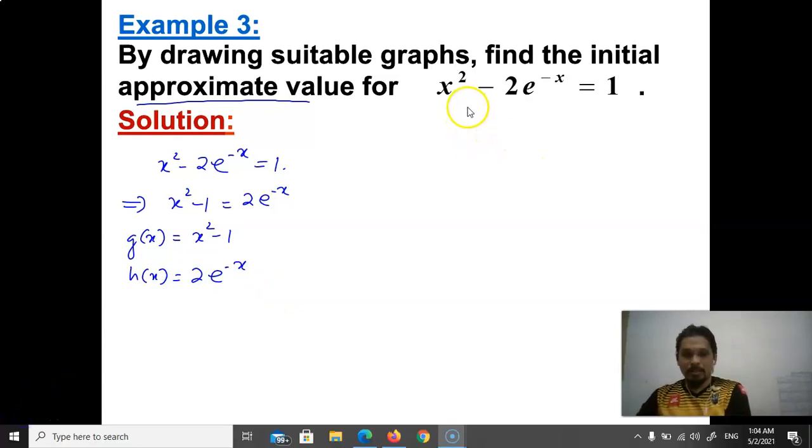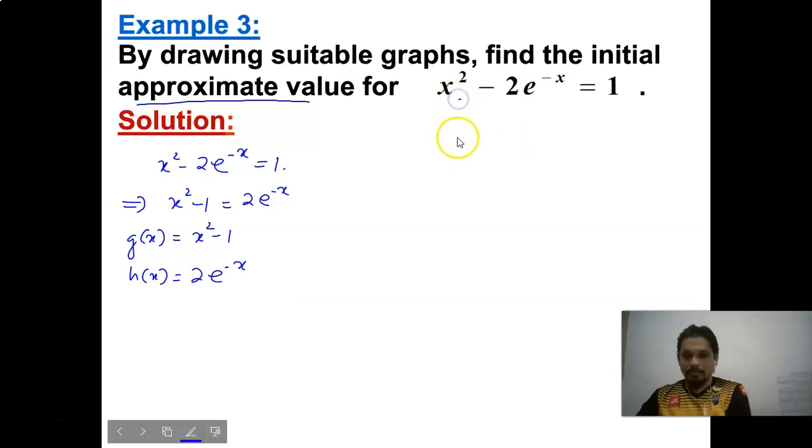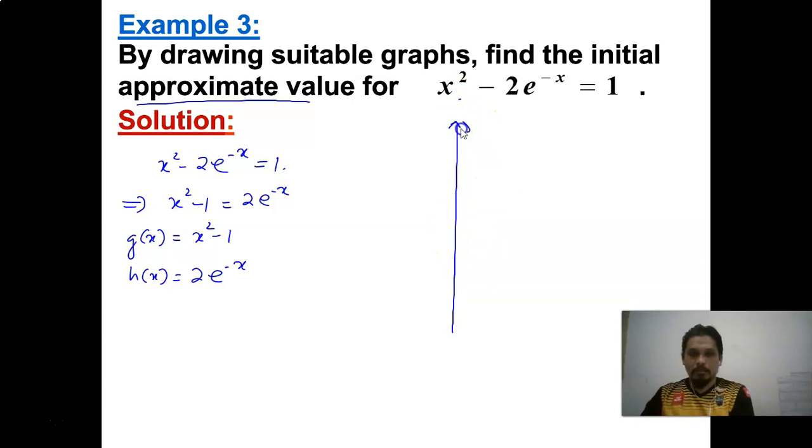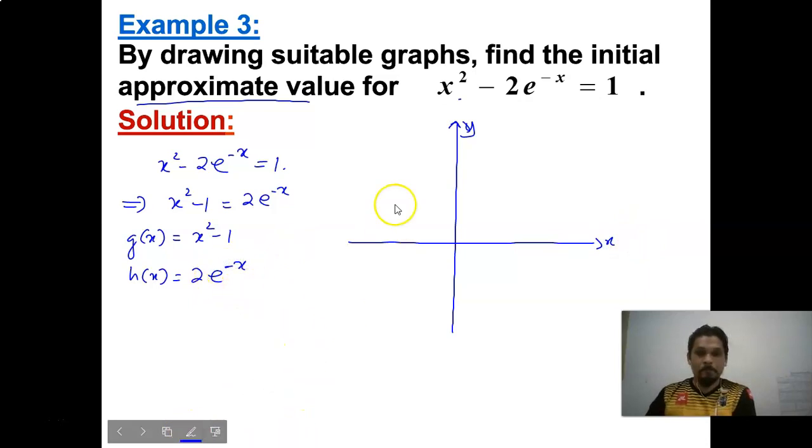Okay, again, sketch the y-axis and also x-axis. The first one here now, 2e power of negative x. Let's say x equal to 0, and please refresh our memories about sketching graphs of exponentials in chapter 5, function and graph in semester 1.